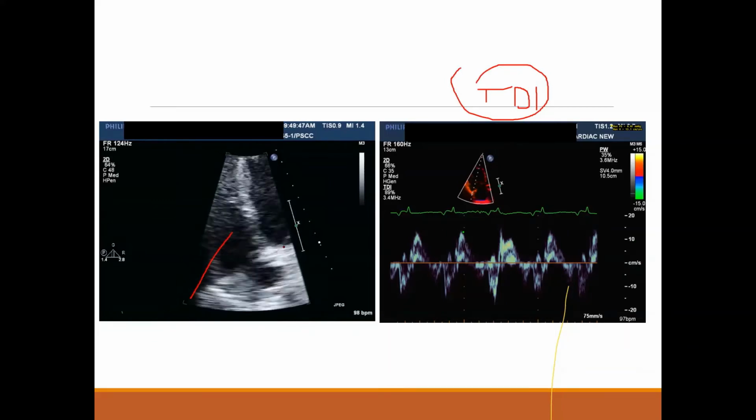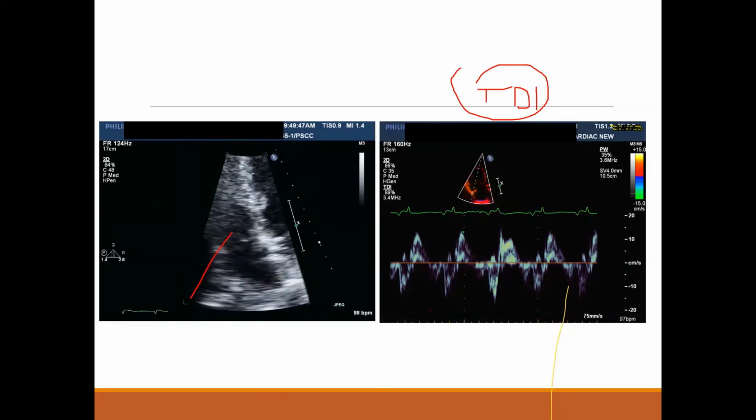Does it have any meaning? The passive flow, then the active atrial contraction. Yes, exactly. So this is the systolic flow, and then you will have the E prime and the A prime.